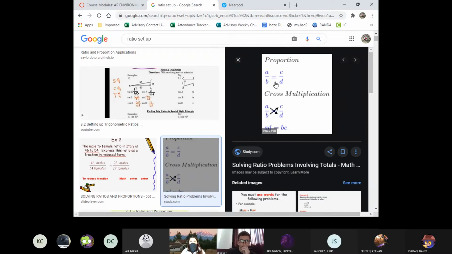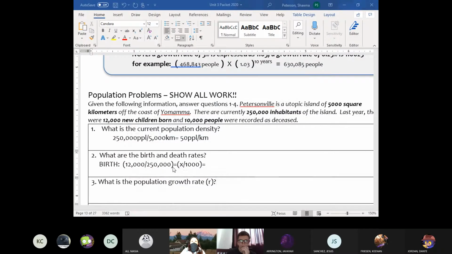So A times D divided by B, or set it up as a proportion, and you should end up with 48. Don't worry about percent, just 48.